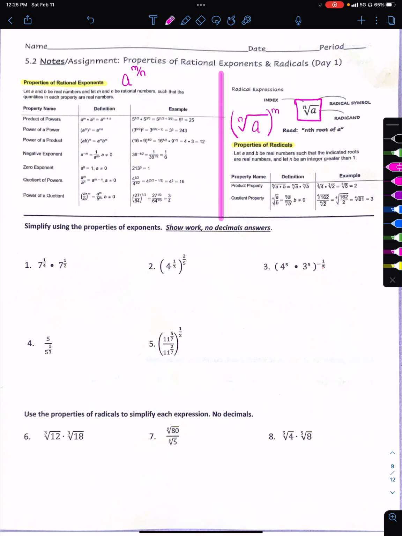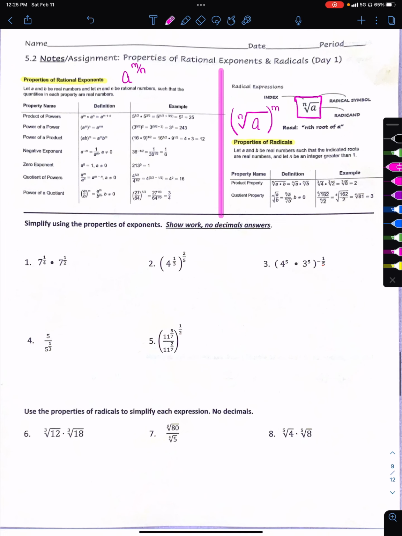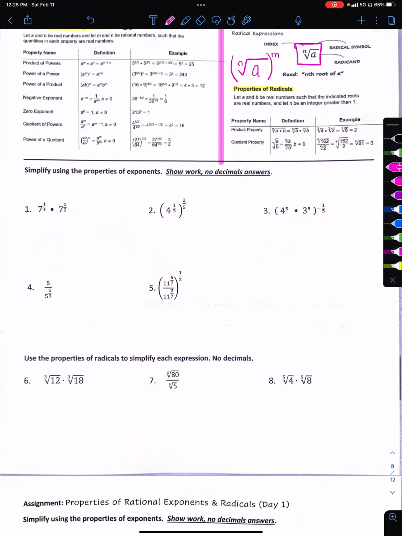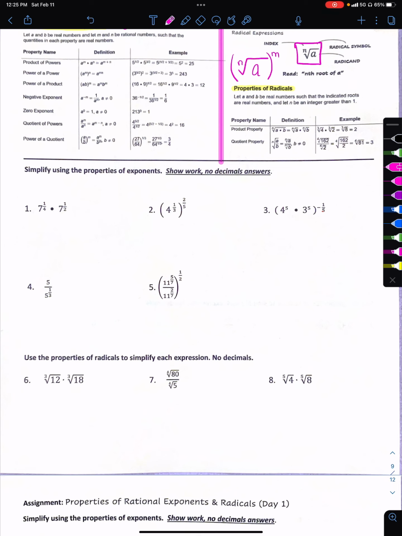Alright, so for number 1, we are going to be using properties of rational exponents, and we are going to be using the product of powers on this first one. So with a product of powers, we get to keep the base as long as the base is the same. So we have 7, and then we add the exponents. So 1/4 plus 1/2.